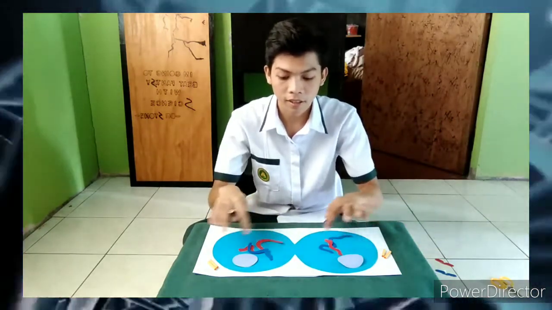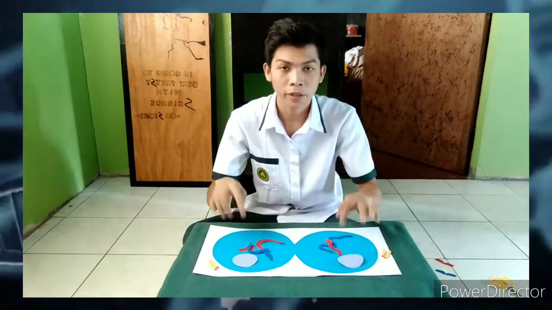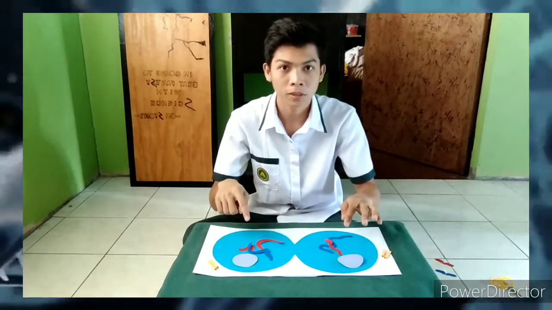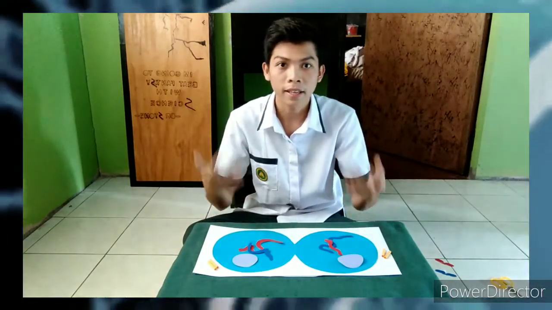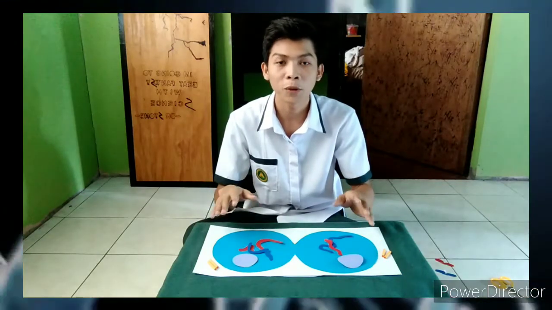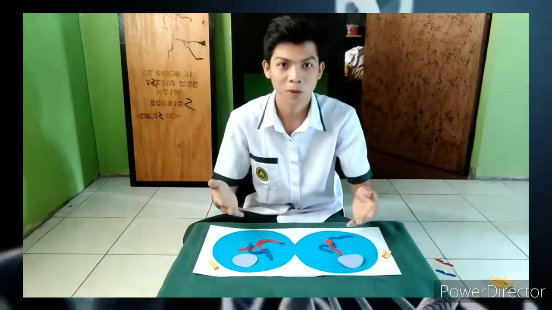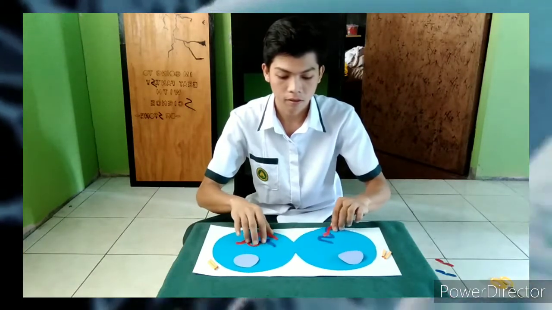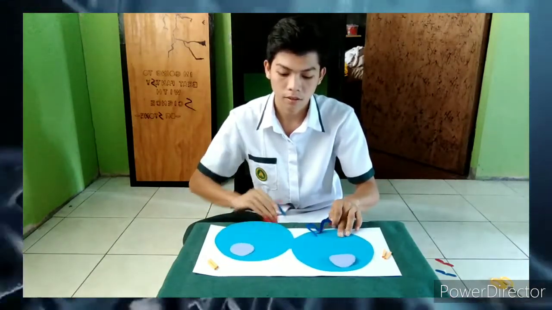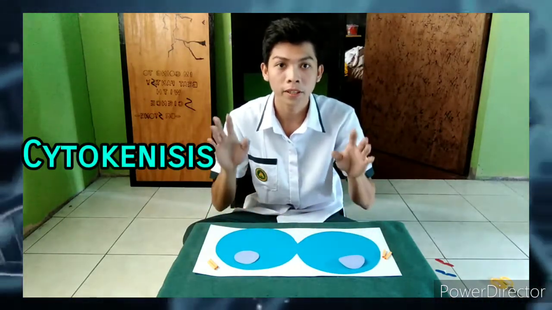And these chromatids, the uncoiled chromosomes, will now become invisible to the naked eye, or rather invisible in the microscope. And this would be the look for the telophase.